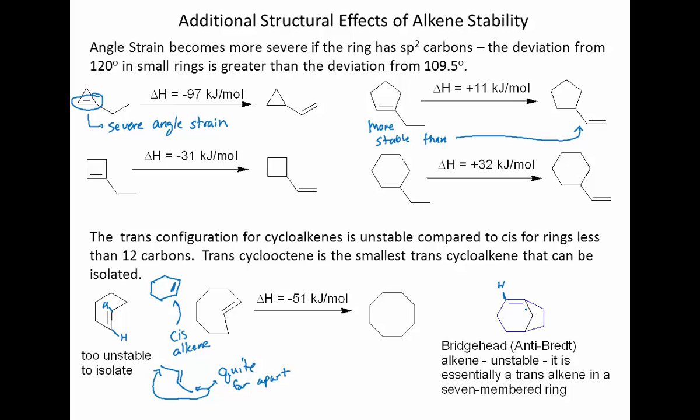This we're going to say is the inside substituent, and this one has to be the outside substituent, or cis to hydrogen. So if this is cis to hydrogen, this means that this is essentially a trans alkene in a 7-membered ring, and that's too unstable to exist. Remember, the smallest trans cycloalkene that you can have is trans cyclooctene.